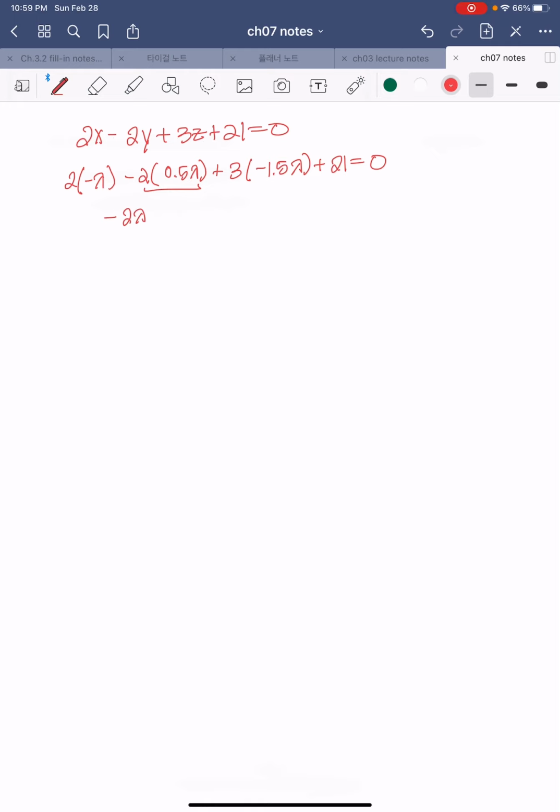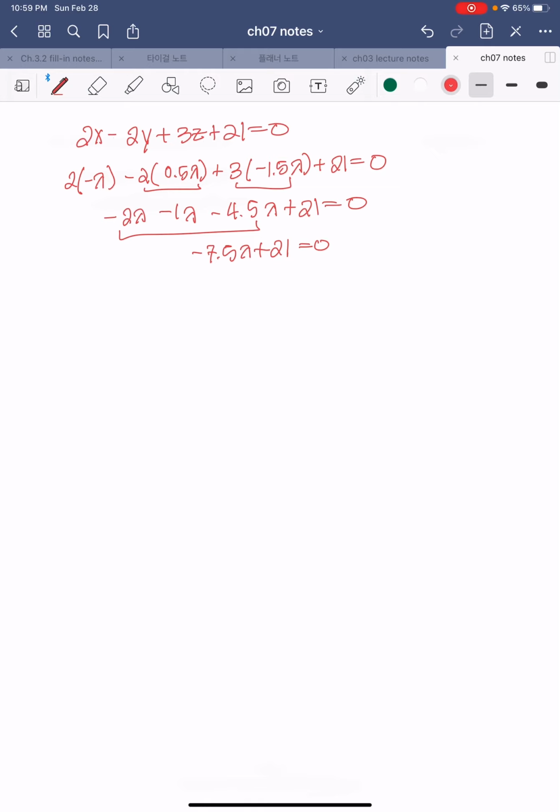This over here will be negative 2 times 0.5, negative 1 lambda. 3 times negative 1.5 will give you negative 4.5 lambda plus 21 equal to 0. Adding all the lambdas, negative 2 minus 1 minus 4.5, I get negative 7.5 lambda plus 21 equals 0.